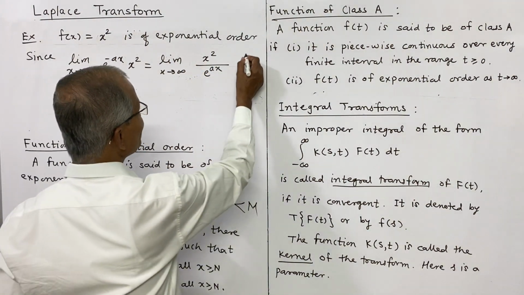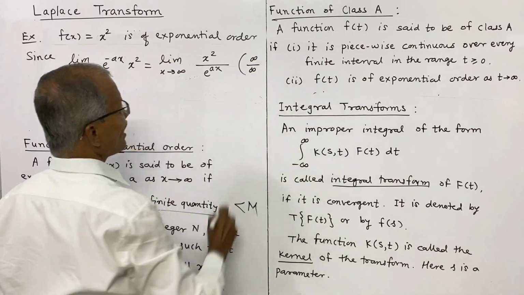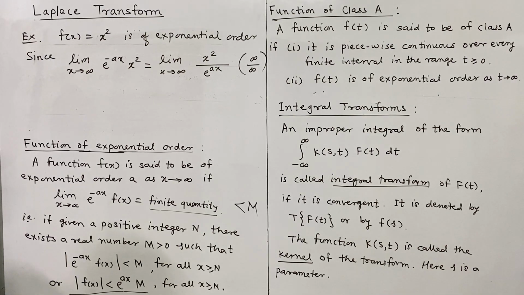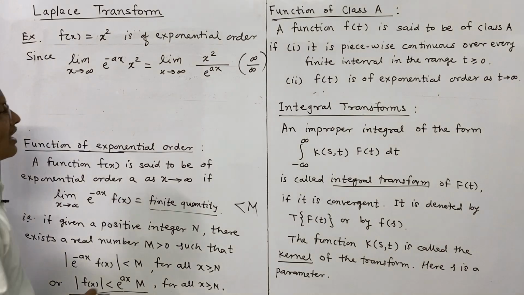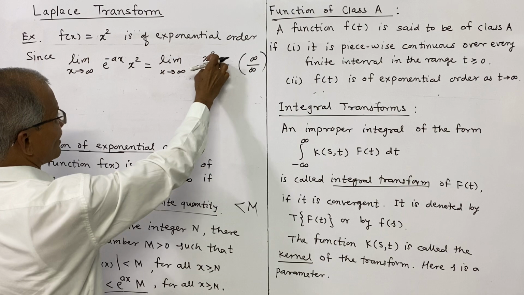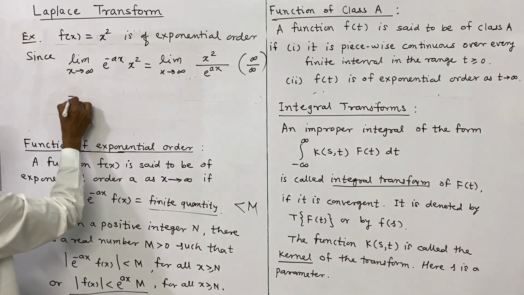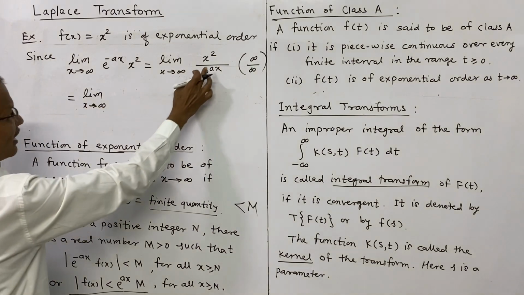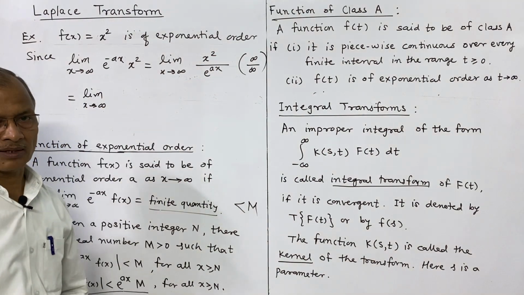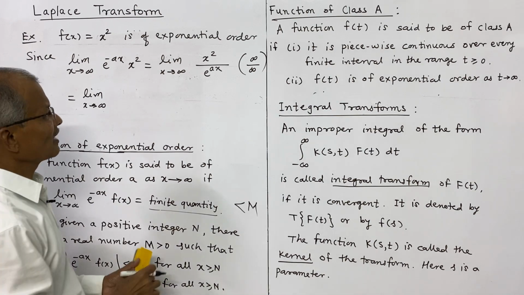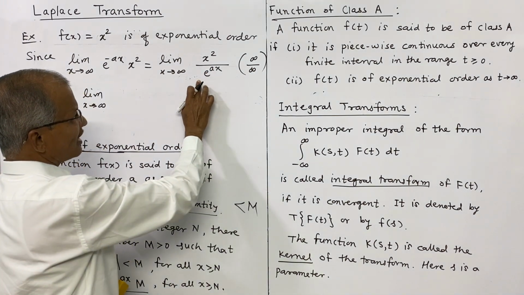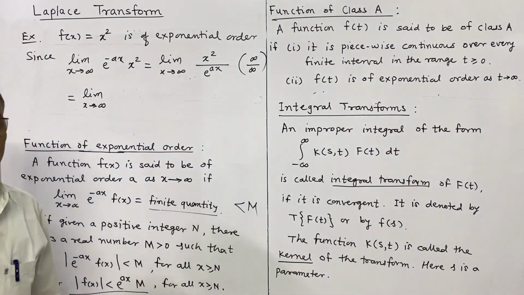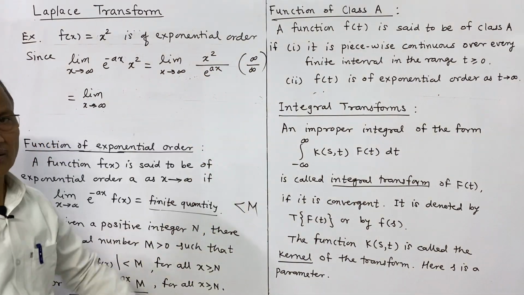So this is of infinity by infinity form, and we can use the L'Hopital rule to evaluate this limit. That means we should take the derivatives of numerator and denominator, and this can be written as limit x tends to infinity of 2x divided by a into e power ax. We have to use the rule two times, because x remains at the numerator, in the form infinity divided by infinity.